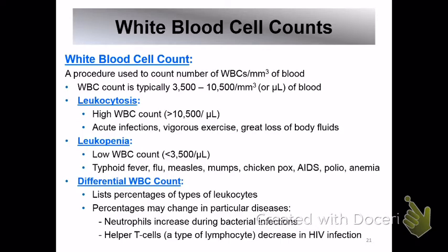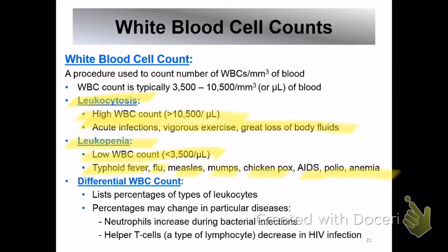If the white blood count is high, it could mean infection or vigorous exercise or lots of fluid lost. You want to know those numbers and everything. Leukopenia, low, P-E-N-I-A means small. Low, it could mean typhoid fever, flu, measles, mumps, chickenpox, AIDS, polio, or anemia. So that's high and low.